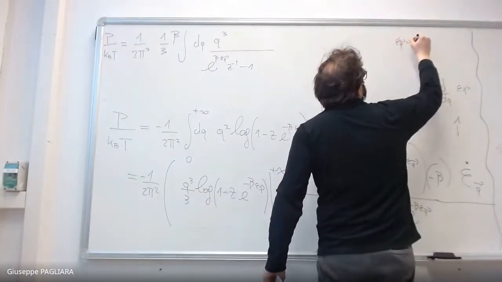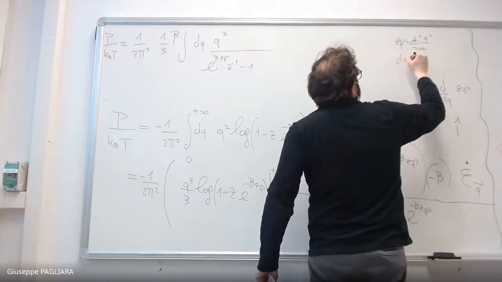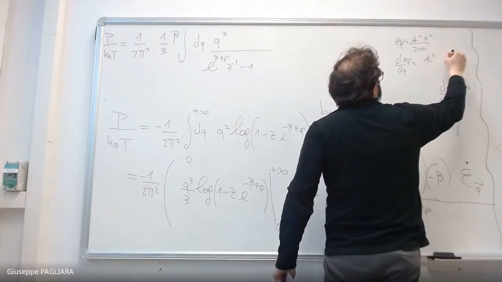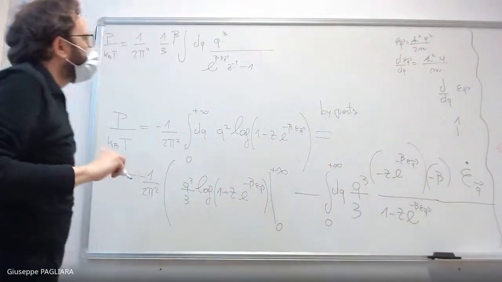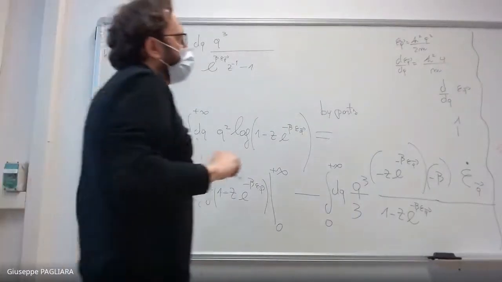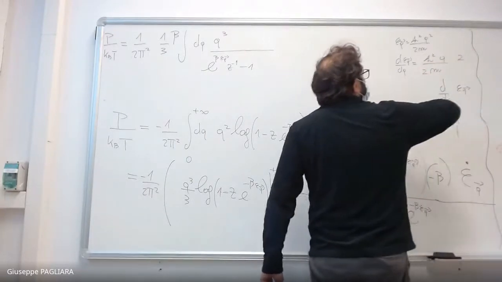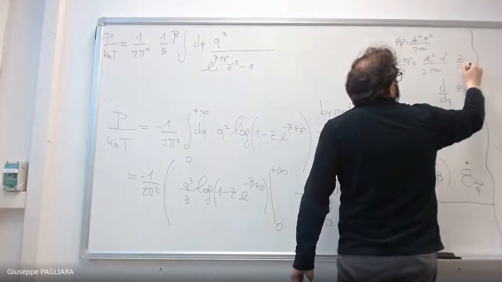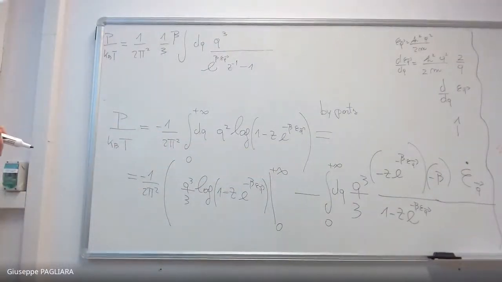My epsilon q is h bar squared q squared divided by 2m. So if I derive this quantity with respect to q, I get h bar squared q divided by m. Which is also equal, if I multiply and divide by 2, and I multiply by q and divide by q, to 2 divided by q times epsilon q.